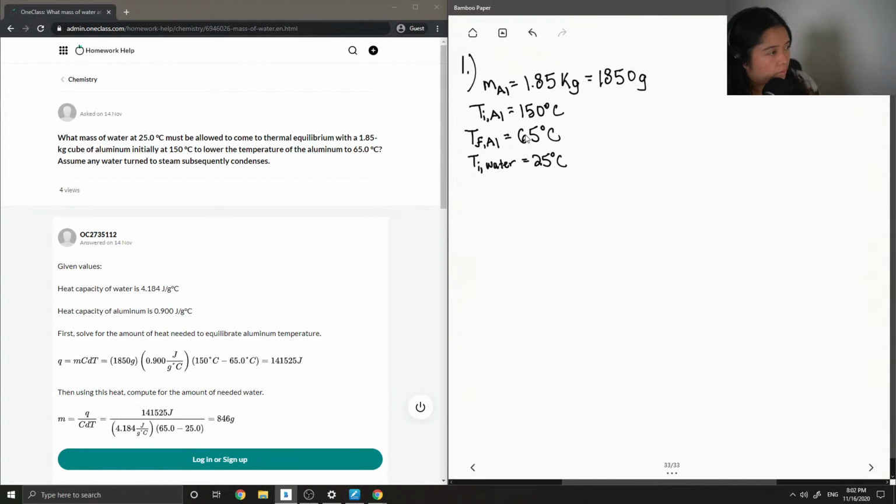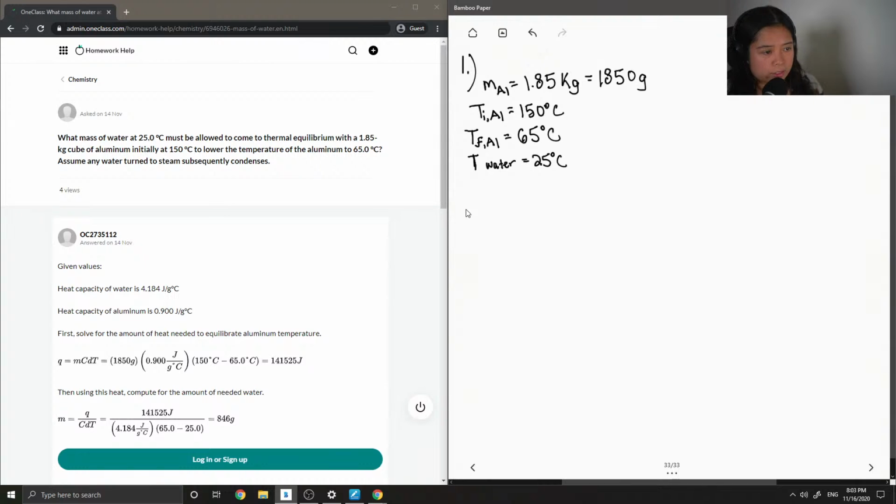I'm not sure whether this would be the 25 degrees as the initial or the final temperature of water, so I'm just going to leave that at T.